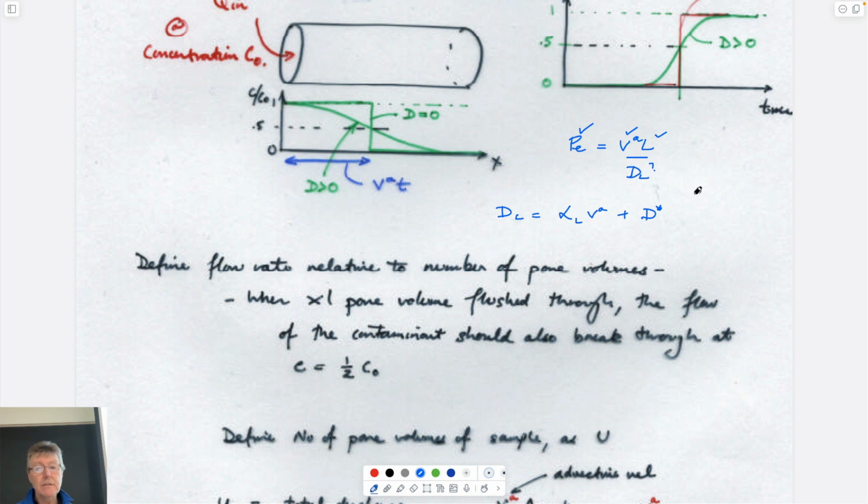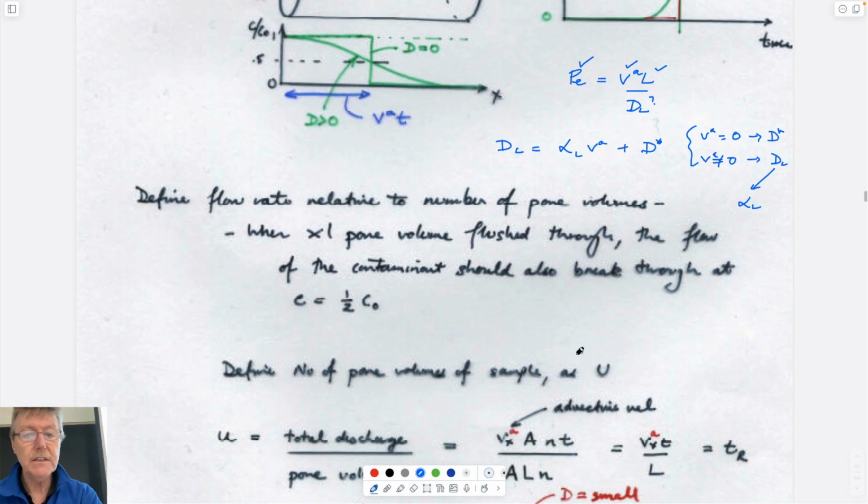So those are the two cases. So v equals 0, you can get d star, and v not equal to 0, you can get dl, and from dl, since you know advective velocity, you get alpha L.